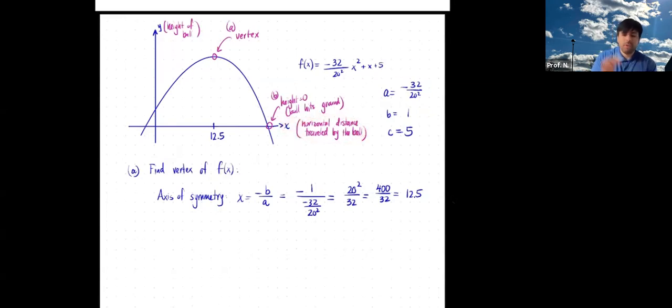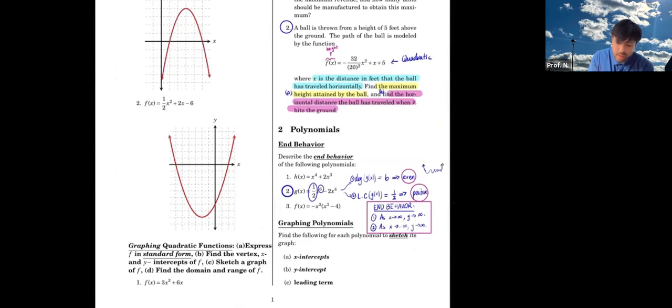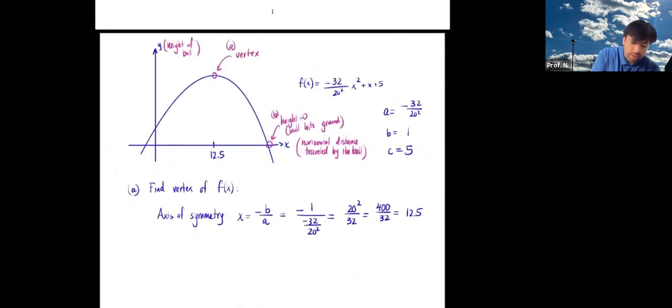So if my ball travels 12.5, what's the units? Feet. This is height in feet. So the units is feet. So if my ball travels 12.5 feet forward, horizontally speaking, then it reaches a maximum height.